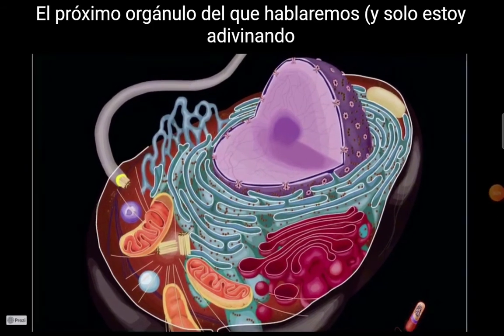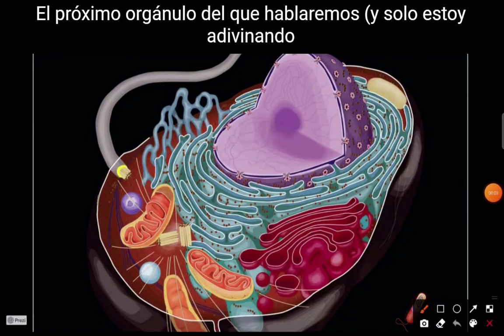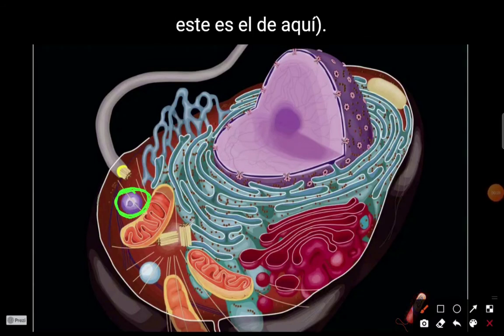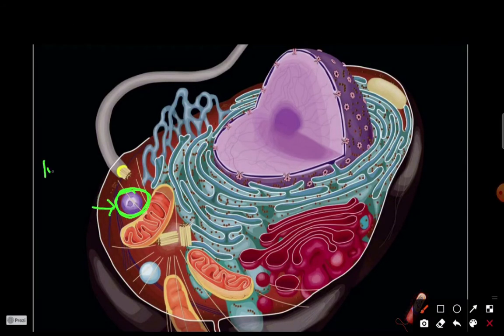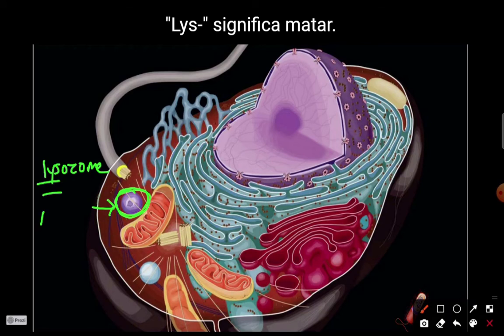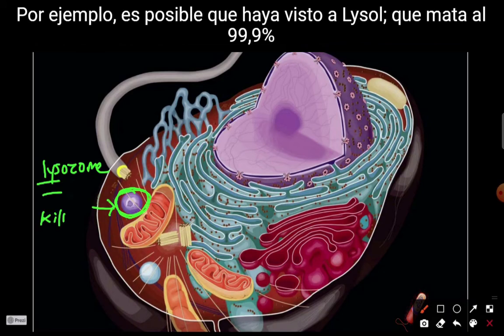The next organelle that we'll talk about, and I'm just guessing this is the one here, is going to be our lysosome. Lys means to kill. So for example, you might have seen Lysol. That kills 99.9% of all bacteria.